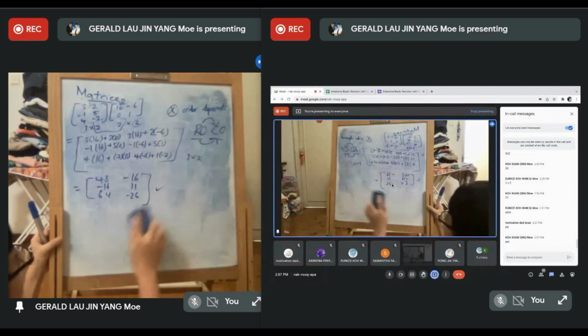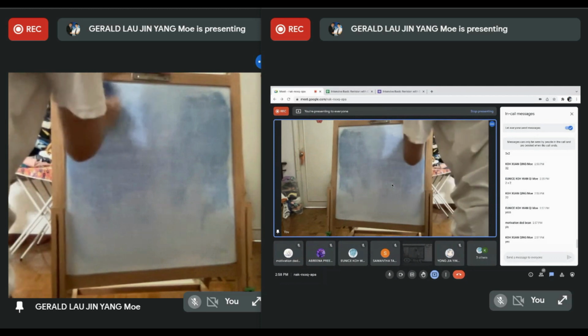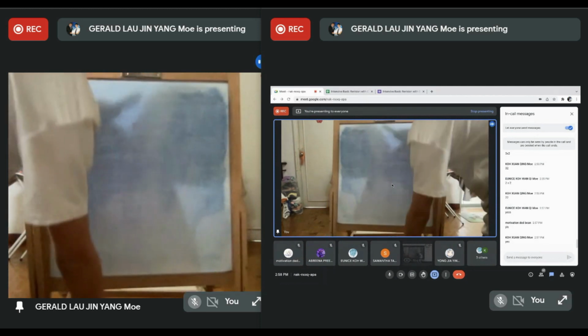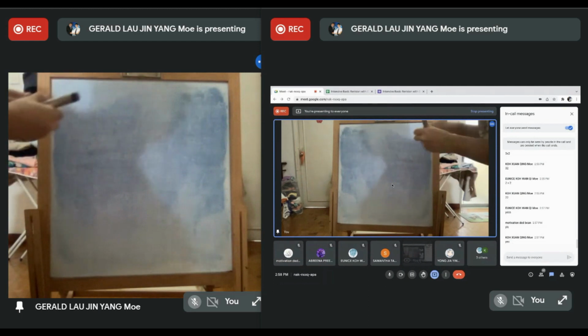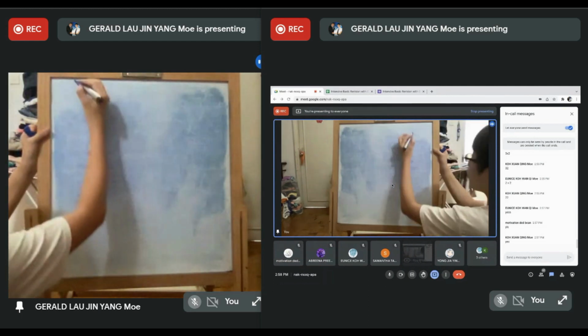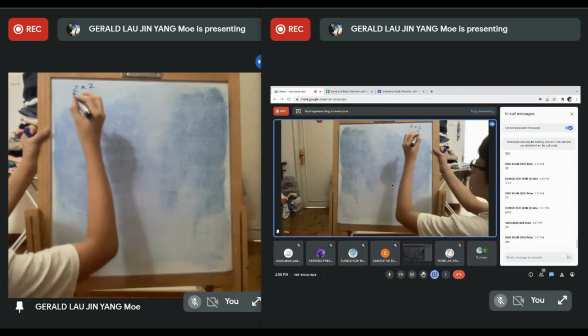Okay. Then we move on to identity matrix. So, what is identity matrix? Identity matrix is actually very easy. Basically, let's say I have a 2 times 2 array. It has to be a square matrix here for identity matrix.